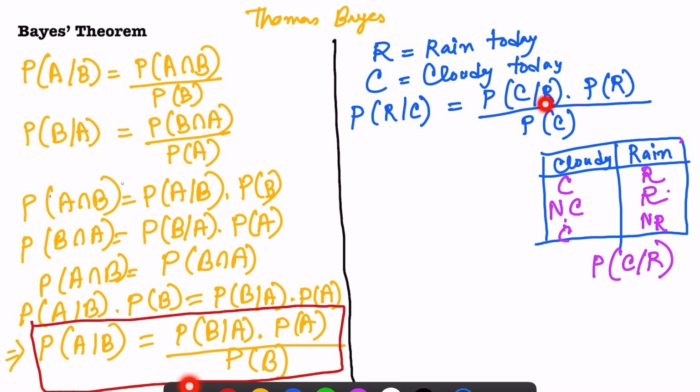The probability of cloudy given it rained, the probability of rain, and the probability of cloudy, we can collect all from this data set. So if we have gathered some evidence or information, from that we can calculate these probabilities, and then we can calculate the probability that it will rain today given that it is cloudy, right? So this is the idea of the kind of scenarios in which we can use Bayes theorem.